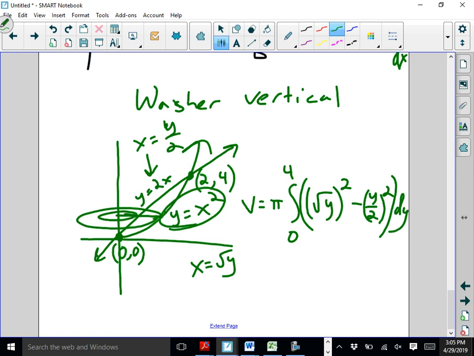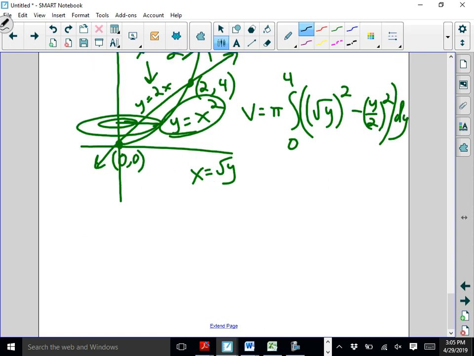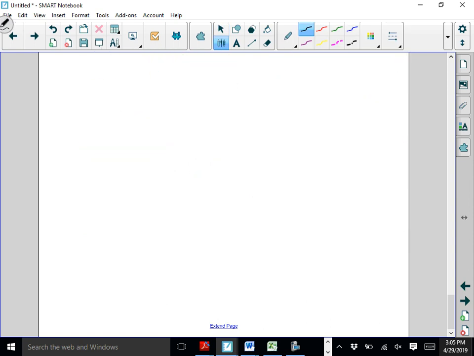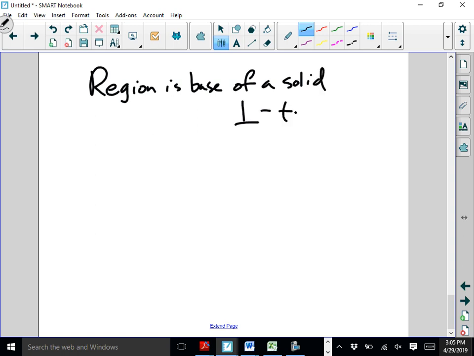Okay. Last thing we need to know from this is region is base of solid. First, let's look perpendicular to the x-axis. Okay, here's f of x.